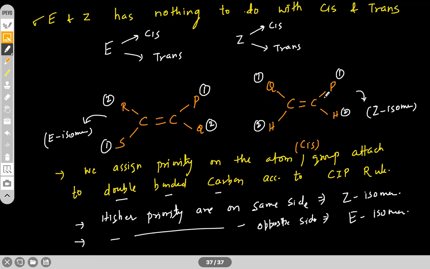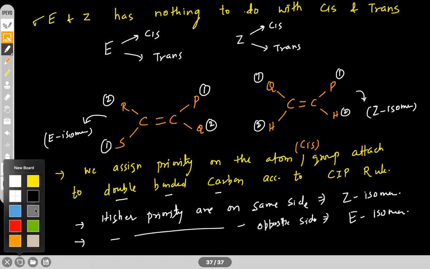Z and E isomer. So you see Z and cis both are possible for this one. But preferably we use what? If the alkene is more substituted, okay, then mainly we use the E and Z system, not cis and trans. But if they ask you whether it is cis or trans, the answer would be cis with respect to the hydrogen. Okay, fine. Now we'll see first, because you need to assign priority to understand E and Z isomers. So for that, you should know what the CIP rule is.